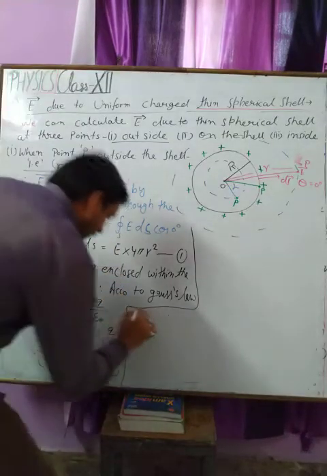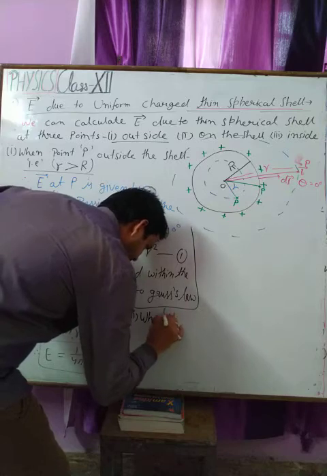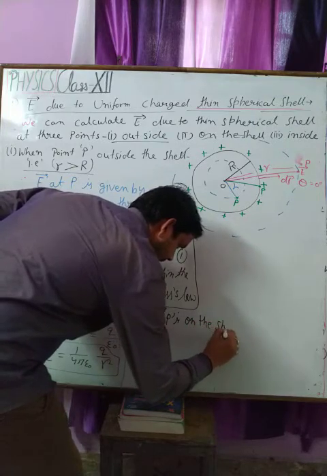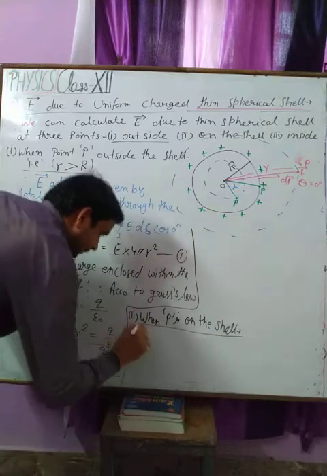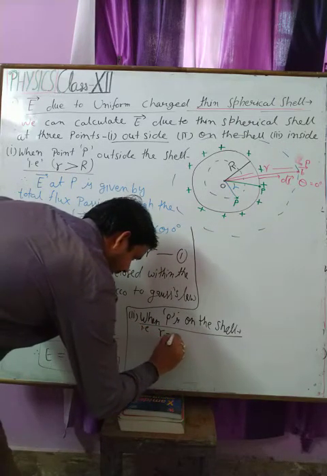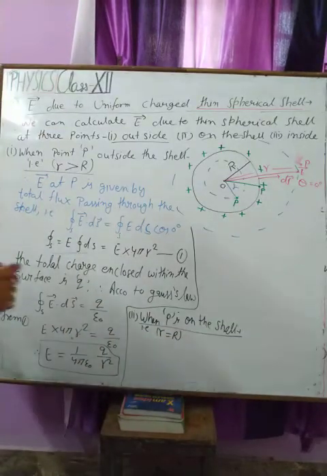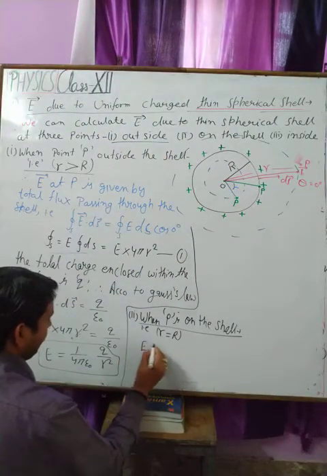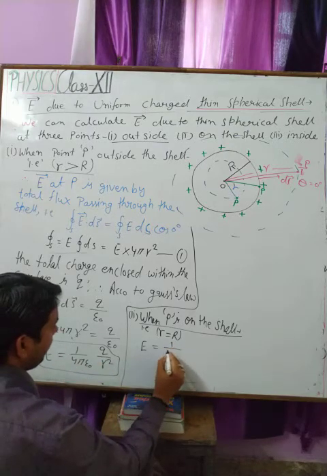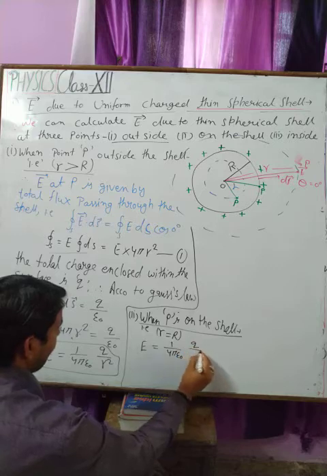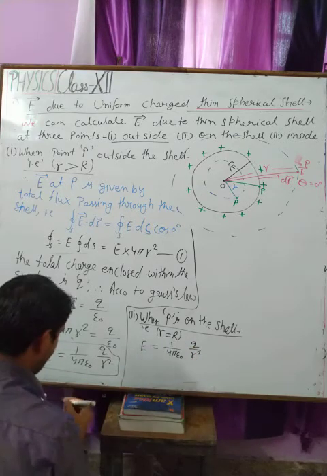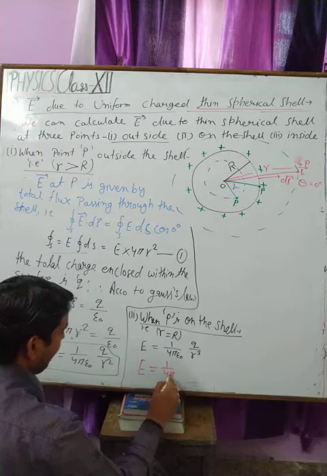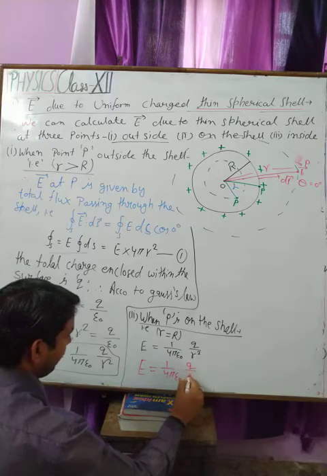The second case is when P is on the shell, that is, small r is equal to capital R. So, students, it is again like a point charge, and at P the value of the electric field is given by the same formula, 1 upon 4 pi epsilon naught Q upon r square, and we have r square as capital R square, that is, E is equal to 1 upon 4 pi epsilon naught Q upon capital R square.